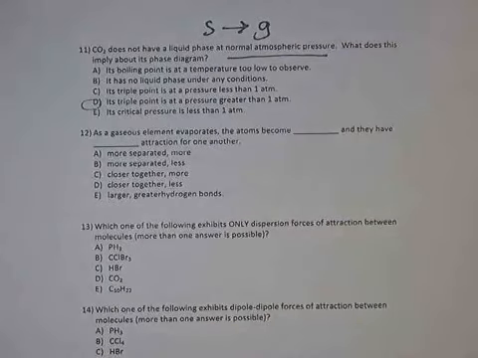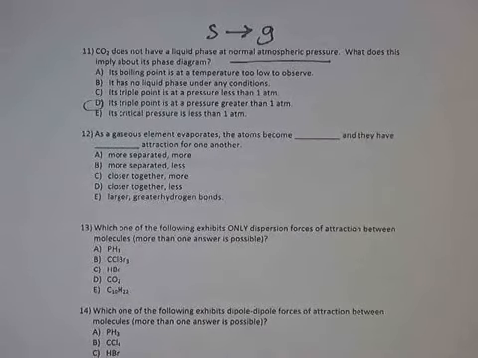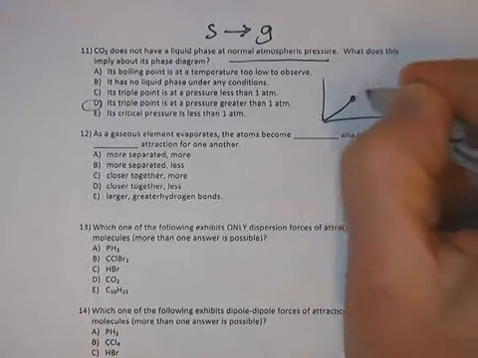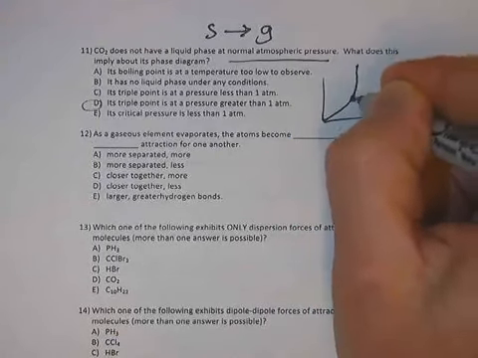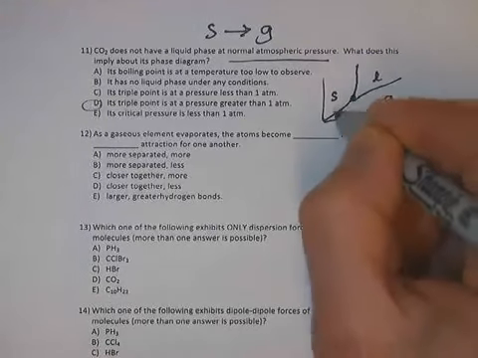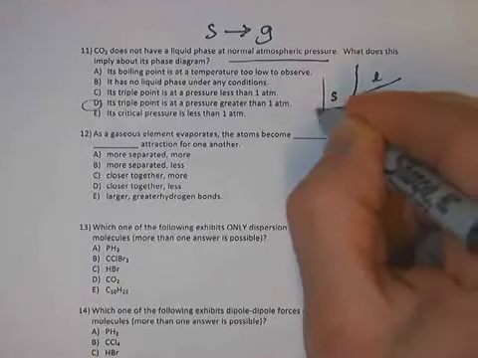Well, that means that it couldn't change to a liquid at 1 atmosphere of pressure, and therefore its triple point would have to be above 1 atmosphere of pressure, because it couldn't change to a liquid during that time.